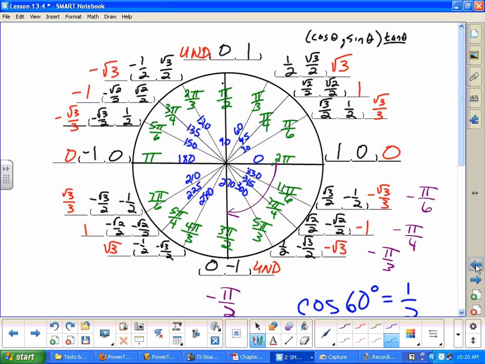It equals negative square root of 3 over 2 right there, right? So that means it would be this number in radians and this number in degrees. So 150 degrees and 5 pi over 6 is our answer.